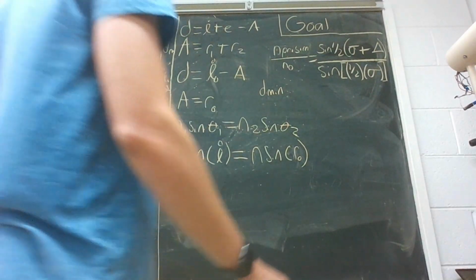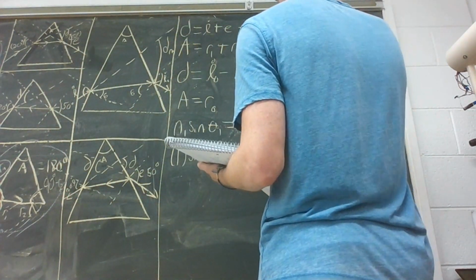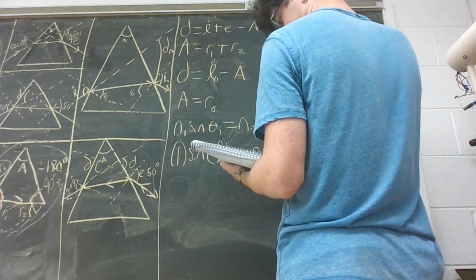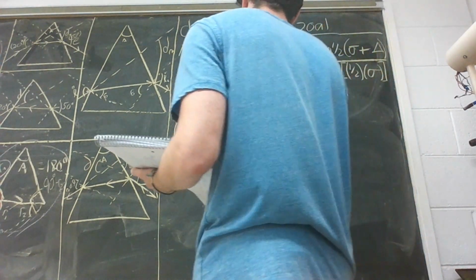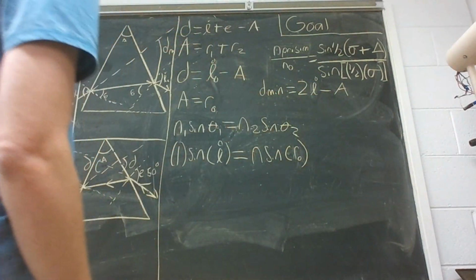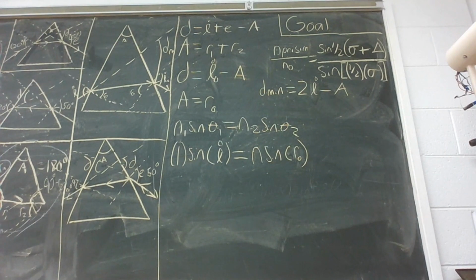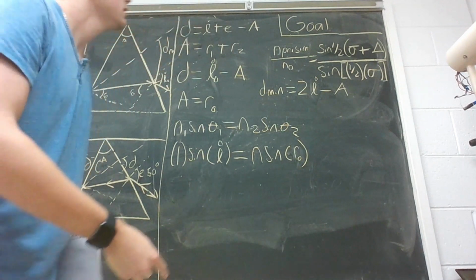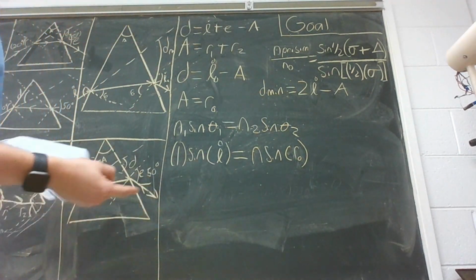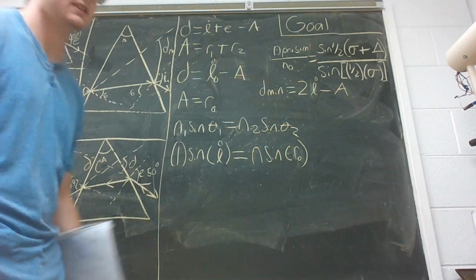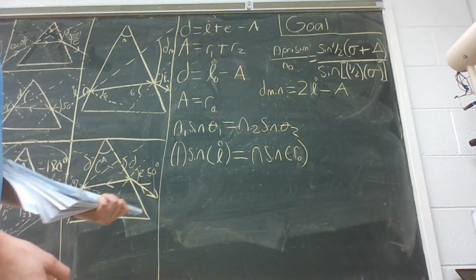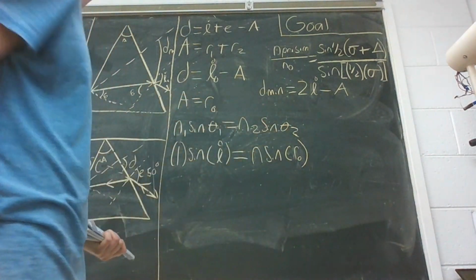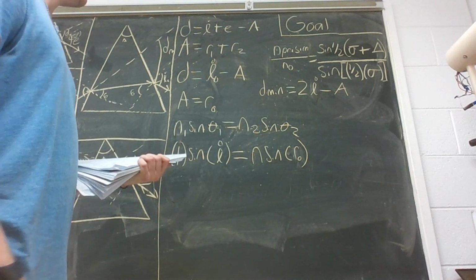Let's say d minimum is equal to 2i minus A. And you're like, where does that 2i come from? Well, the 2i comes from the fact that you have I plus E. And if we say I naught is equal to the angle of emergence and the angle of incidence, then it's just two of the same thing, so it's 2 times I naught. So it's 2 I naught minus A.